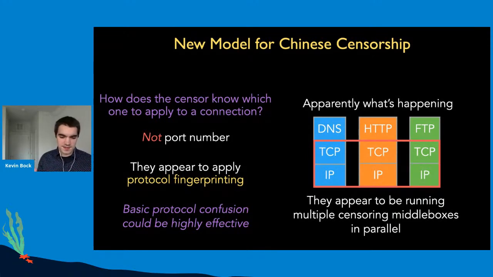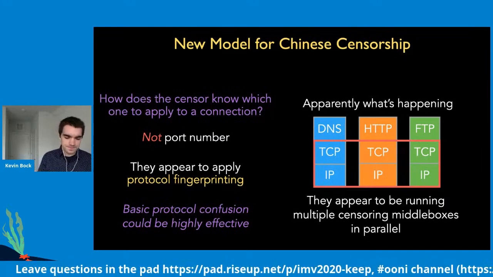As soon as they see something that doesn't match their assigned protocol to censor, they stop listening. What this means is any basic protocol confusion could be very highly effective against these systems. If you're starting an HTTP request but you make it look like something else, the HTTP censorship middlebox will just stop paying attention to you. This has really opened the door for a lot of other interesting questions to explore this new attack surface.